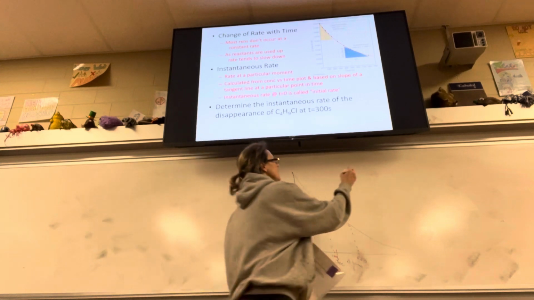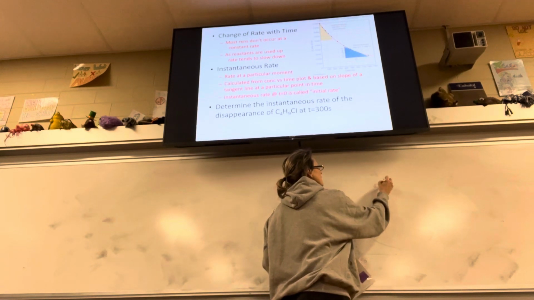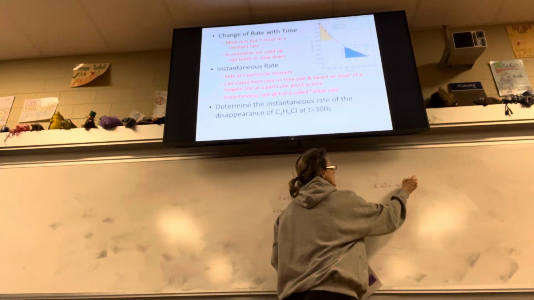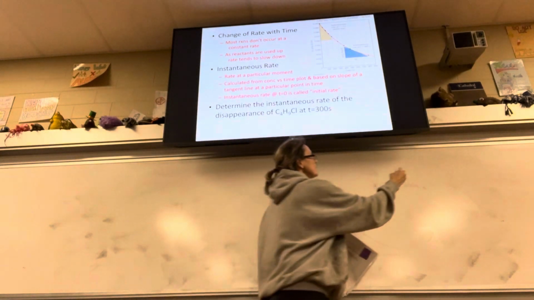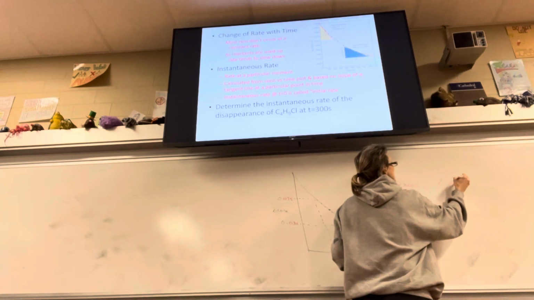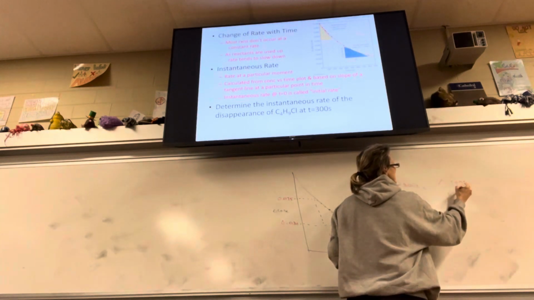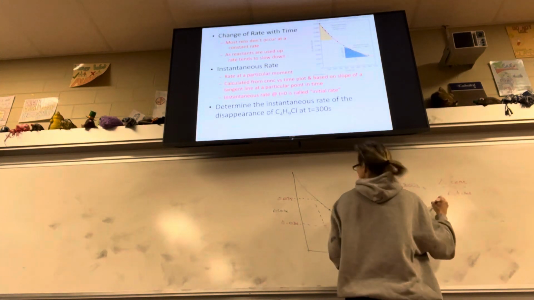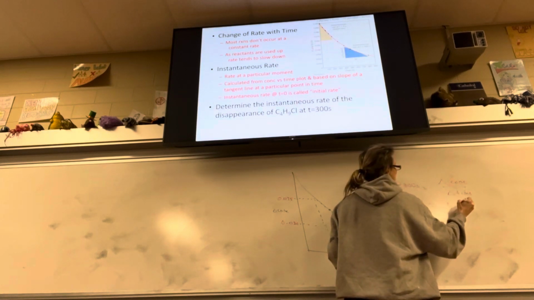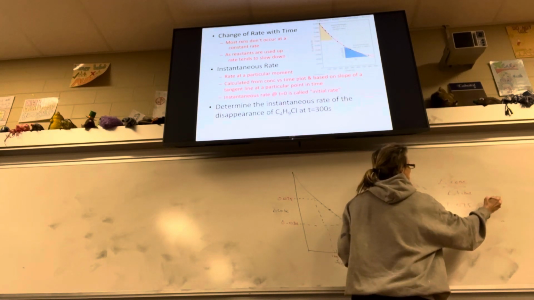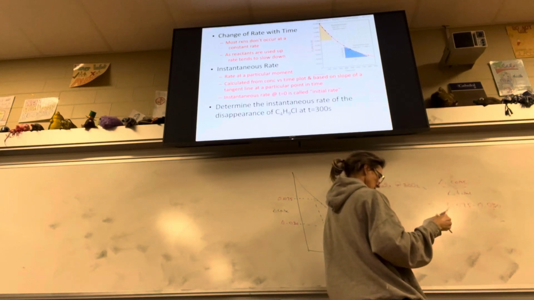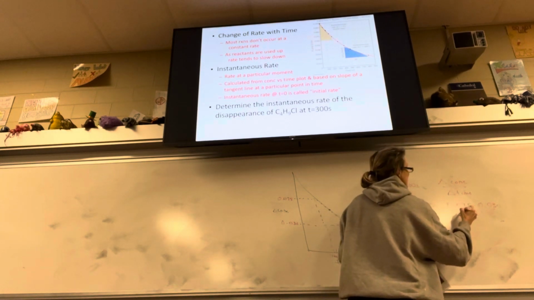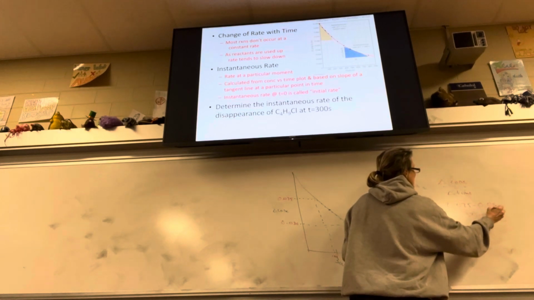So to calculate the rate at 300 seconds, I'm going to take my change in concentration over change in time. So we have the 0.075, and it doesn't matter which direction you subtract these, because we're going to make it positive. And 550 minus 100.